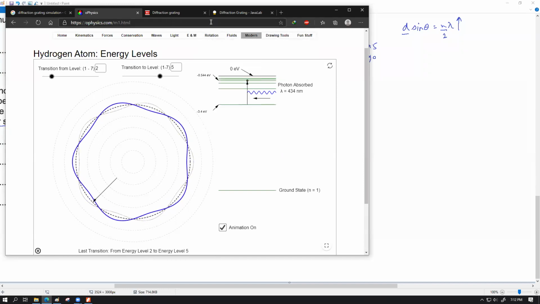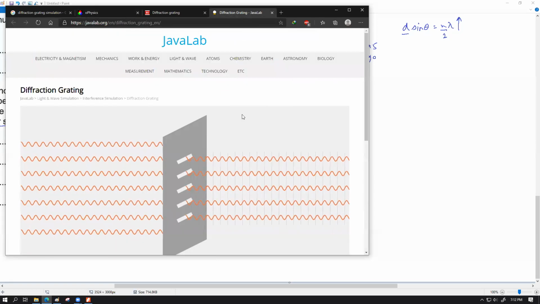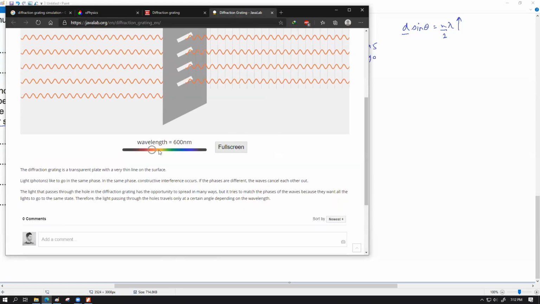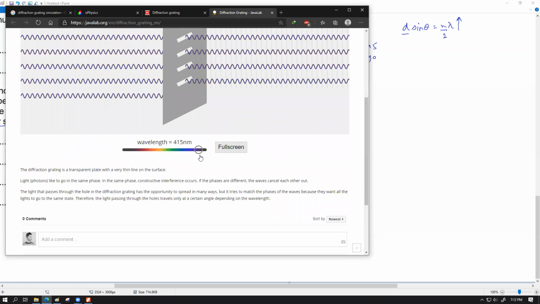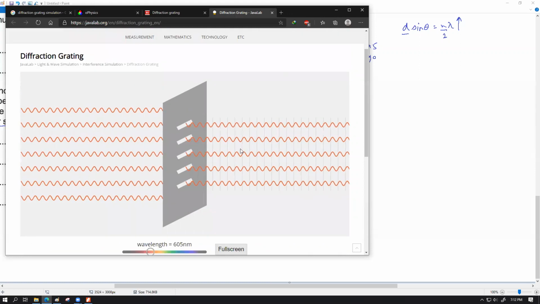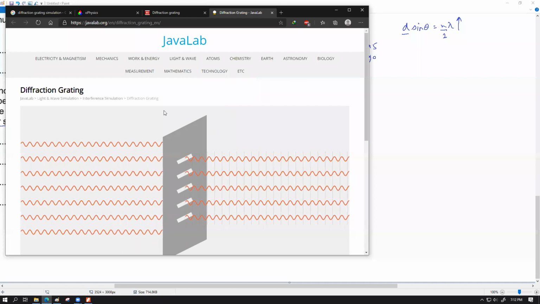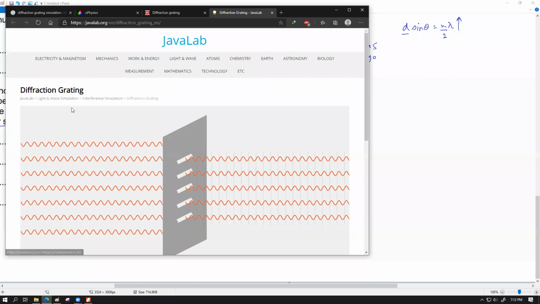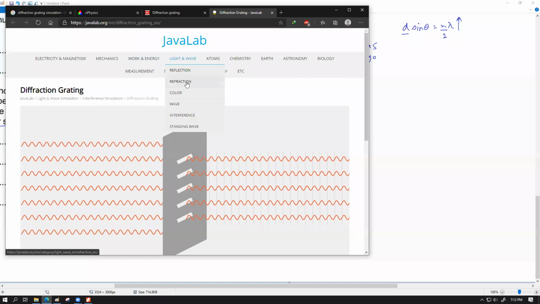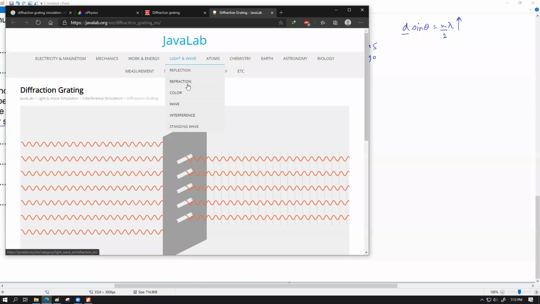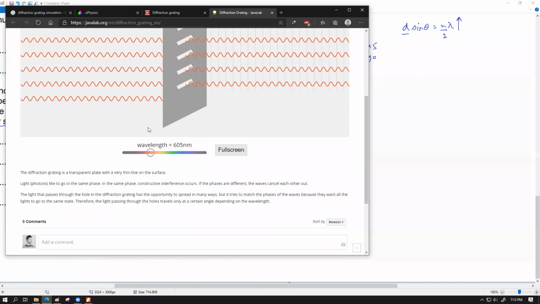Wow. Okay. Lucky me. Okay, it's actually just an animation. It's not actually a simulation, at least it's not appearing to be a simulation. Interference, reflection, color, wave.